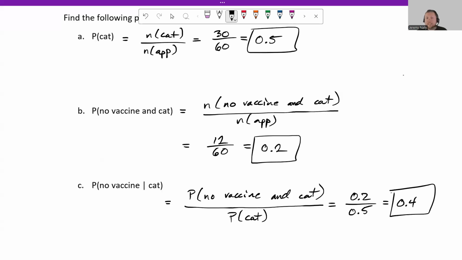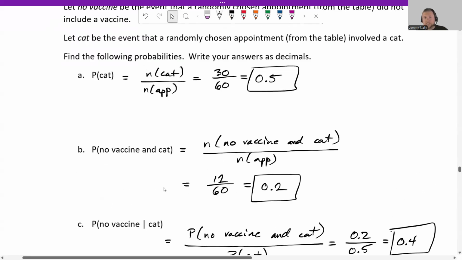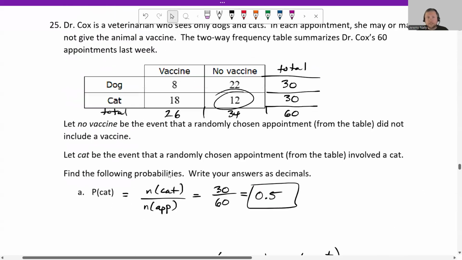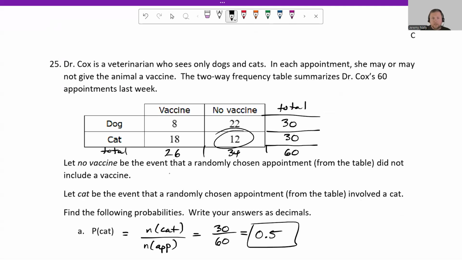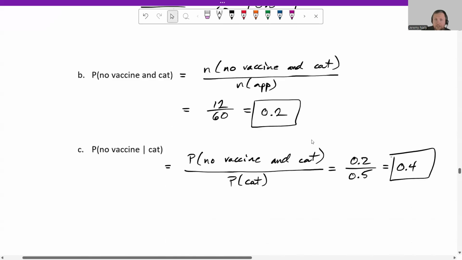Okay, that being said, you could use that table shortcut for the last one. So no vaccine given it was a cat appointment. So you could just say, well, if it's a cat appointment, then I'm only looking at this row, and the no vaccine number in that row is 12, and the total for that row is 30.